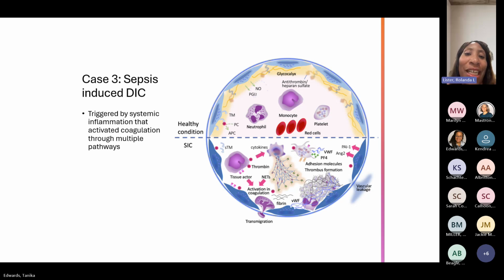But unfortunately, as a result, that can lead to endothelial dysfunction, increased tissue factor, and this coagulation cascade. So ultimately, the systemic inflammation is what activates the coagulation cascade, and that can lead to DIC. Next slide, please.